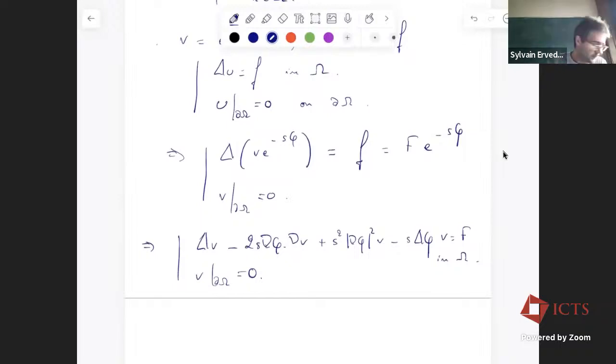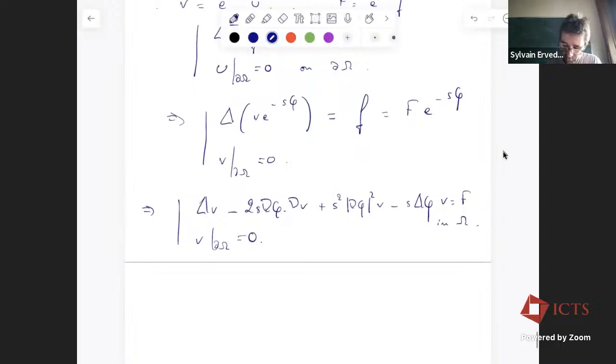So here we are. And what I will do is get the Carleman estimate directly. Meaning I will not perform this Fourier transform in the transverse coordinate and so on.